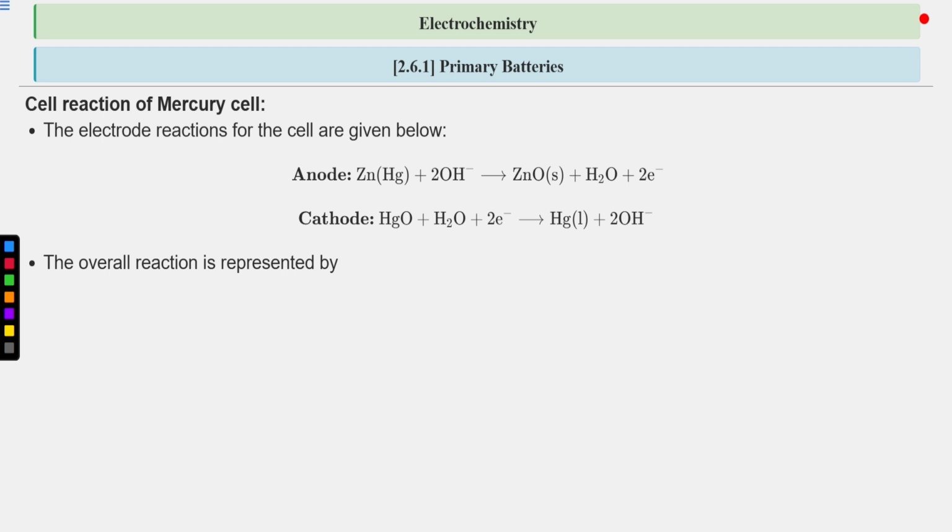The overall reaction is represented by, now as the anode and cathode reactions are given for the mercury cell, how can you write the overall reaction?